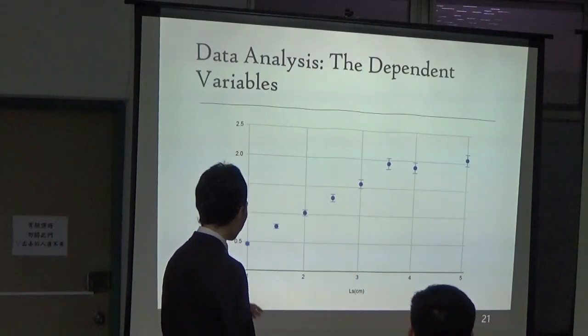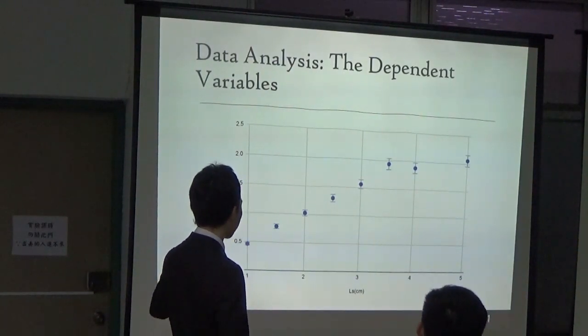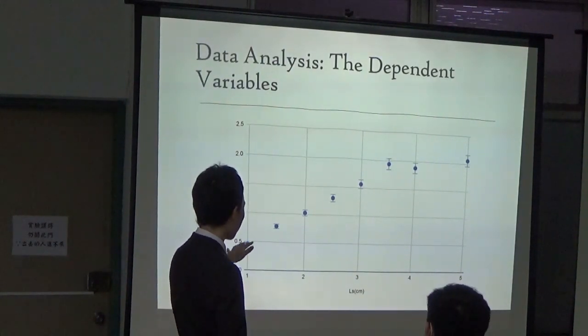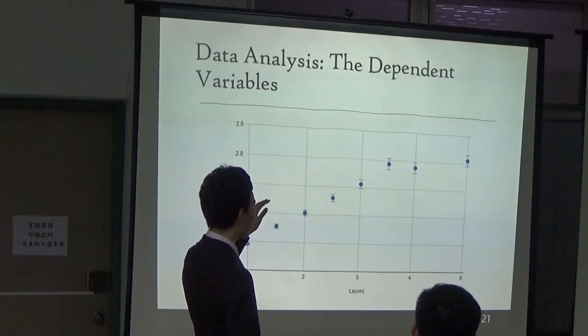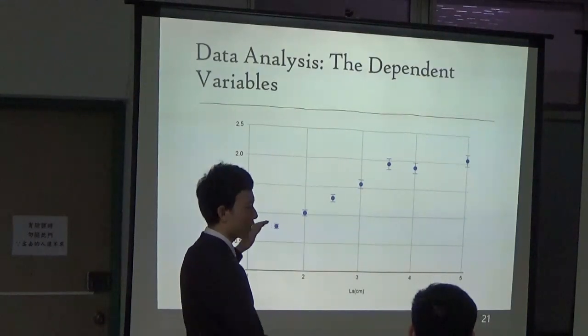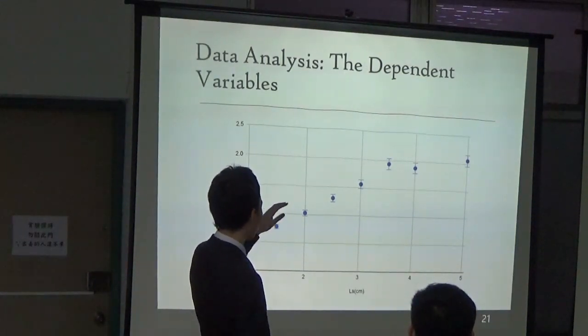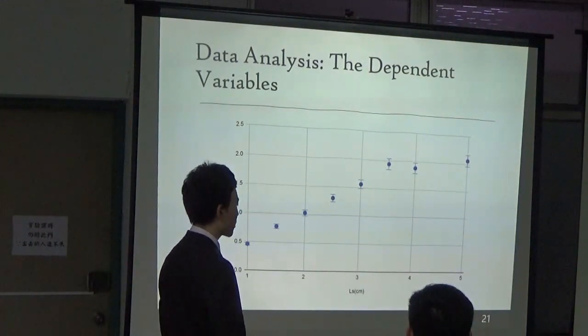From this graph, we can see that from 1 to 3.5, there is a steady upward trend, and then it starts to slow down. The growth slows down as it goes to 5.